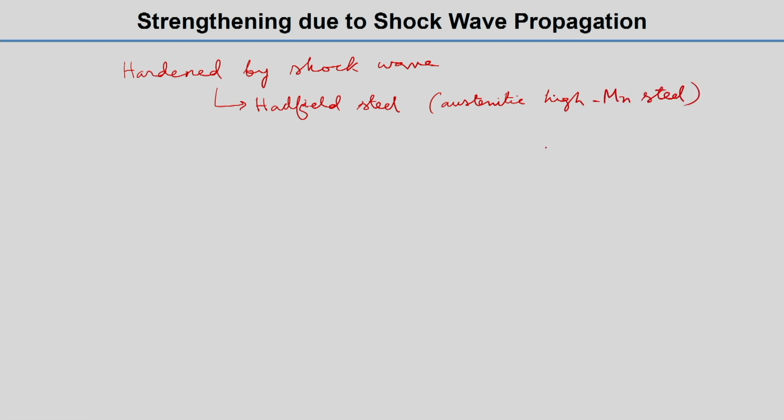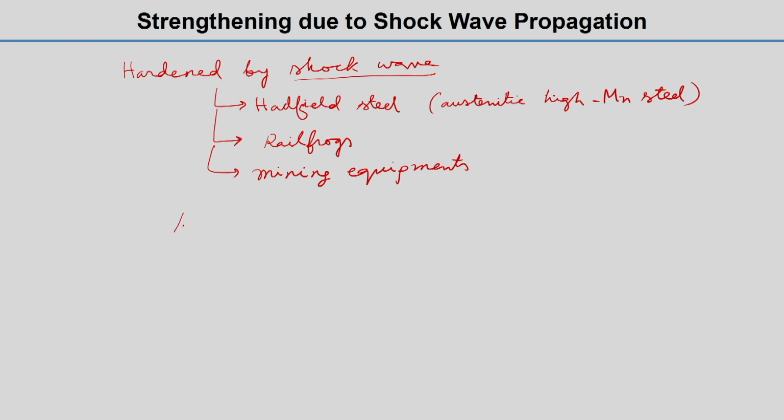These have been very popular methods for a long time for Hadfield steel, and others are, for example, rail frogs or some mining equipments. From long ago, these are the conventional materials or applications that were hardened by shock wave.